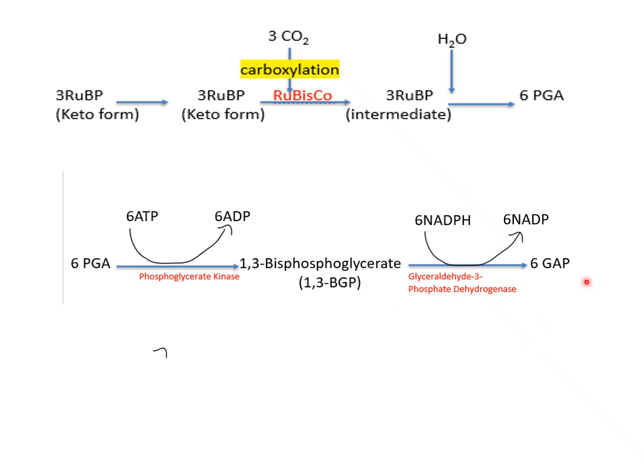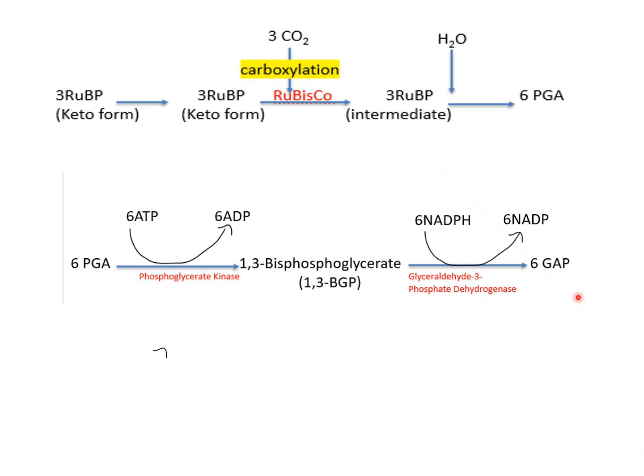Okay. So RuBP plus CO2 gives you 6 molecules of PGA. Carboxylation over. Second stage, 6 PGA first converted into 1,3-bisphosphoglycerate and then formation of 6 GAP molecules. Reduction stage over.